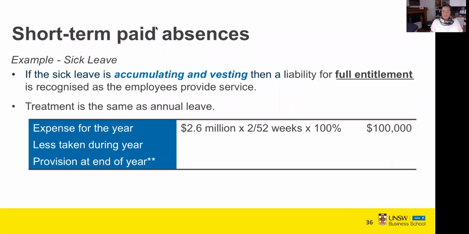So whether the leave has been taken or not, the full amount is going to be recognised. So the formula here indicates that 100% of employees are entitled to 2 weeks per year. So the expense will be 100,000.